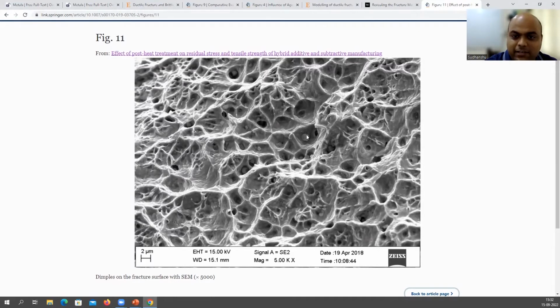All these are second phase particles, and each dimple should contain one particle. That is what we discussed. Wherever you are not seeing one here, you will see it on the other side of the fractured sample. See, this is one inclusion, another one, another one. So everywhere you can see the presence of second phase particles or inclusions.